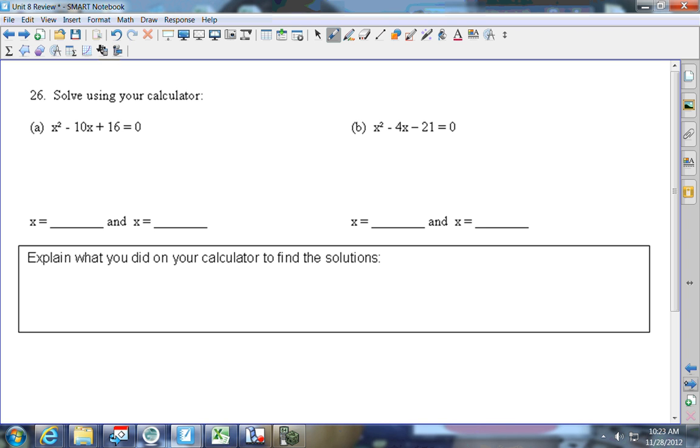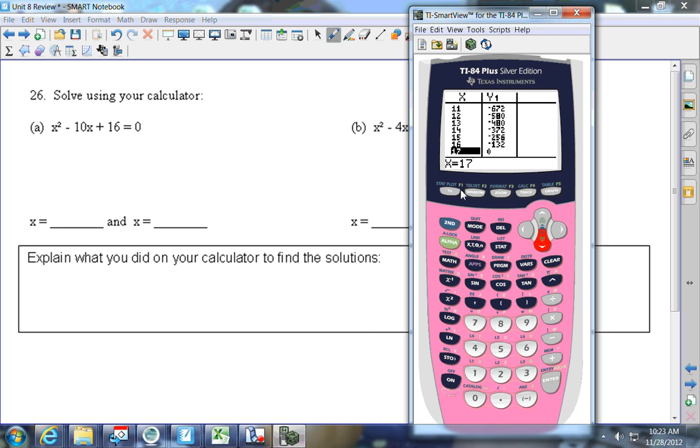The next one, number 26, says solve using the calculator. First thing you're going to do is make sure they're set equal to 0. Now we go into the calculator, go to y equals, put in there x squared minus 10x plus 16. I can look and see where it crosses the x-axis, and it looks like it's 2 and 8 maybe.